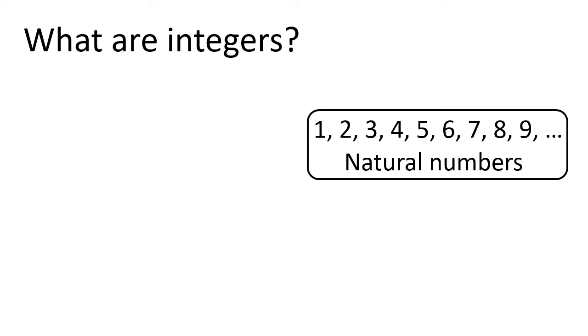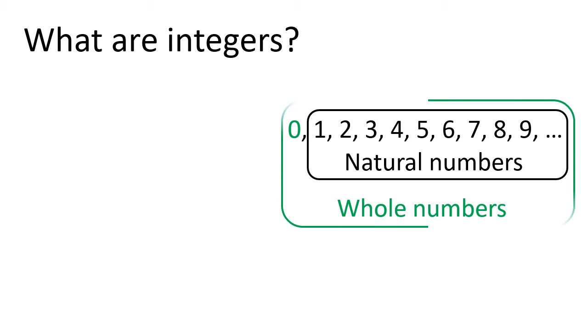Now what about whole numbers? The only difference between natural numbers and whole numbers is 0. Whole numbers start with 0 and 1, 2, 3, 4, 5, and so on. Now let's move to integers. Integers consist of whole numbers and negative natural numbers.